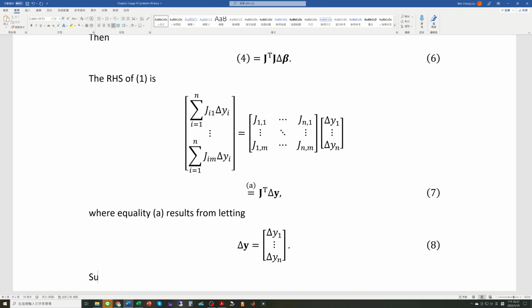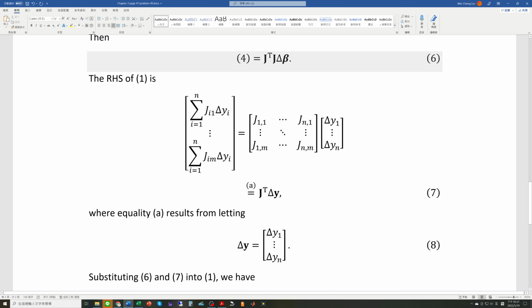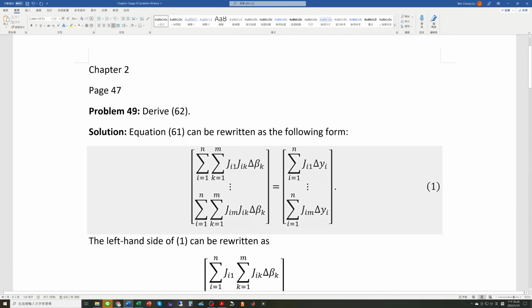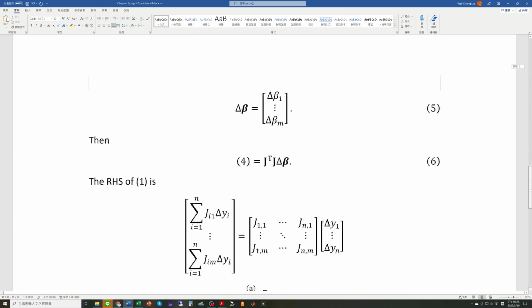Finally, substituting equation 6 and equation 7 into equation 1, we have, let us see equation 6. J transpose J delta beta, and equation 7 is J transpose delta y. Substituting equations 6 and 7 into 1, so they are equal to each other.